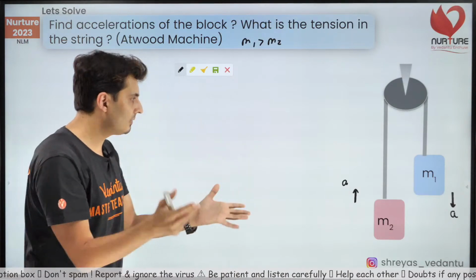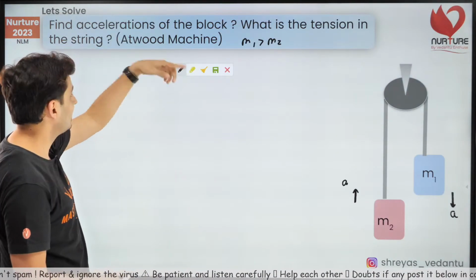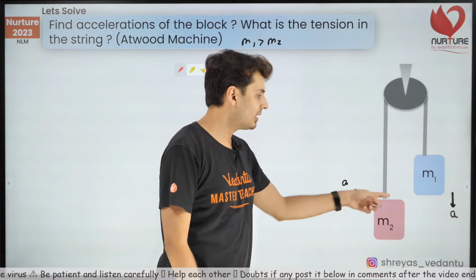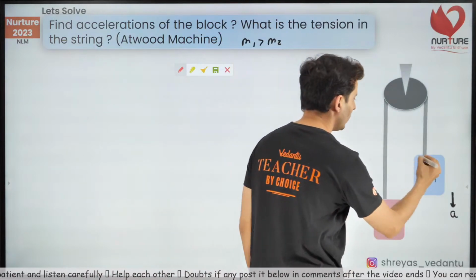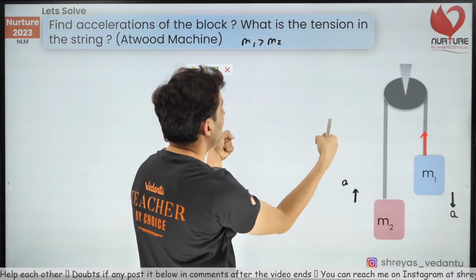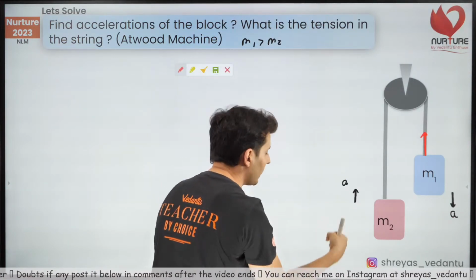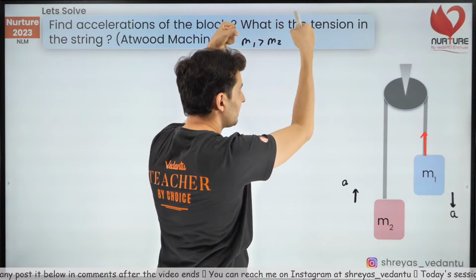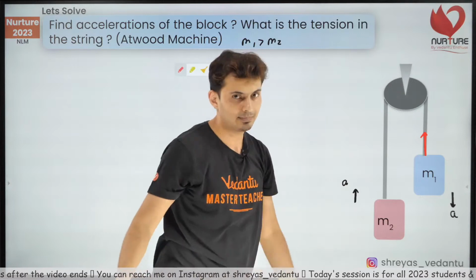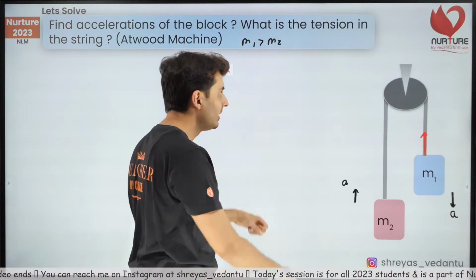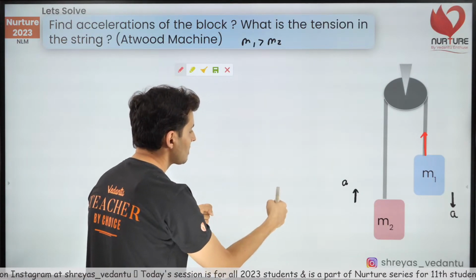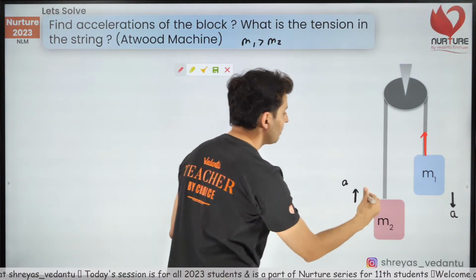Now let's draw the free body diagram. The question is to find the tension and the accelerations, so we draw the free body diagrams of M1 and M2. The string is put on the pulley and is pulled down by the blocks on both sides, so the blocks will be pulled up by the string.